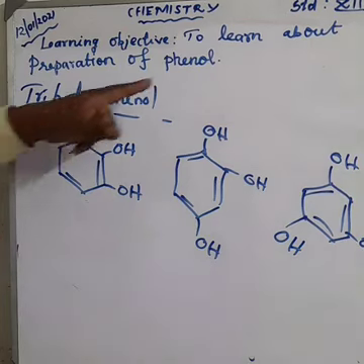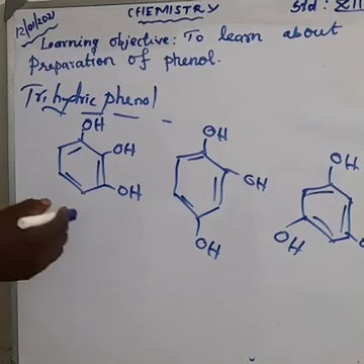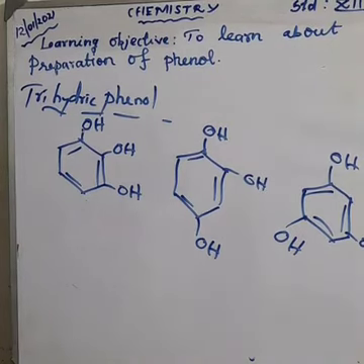How many OH groups are there? 3 OH groups are there. So it is called a trihydric phenol. Am I right? So can you say the name of the compound? The first compound is called pyrogallol. What's the name of the compound?